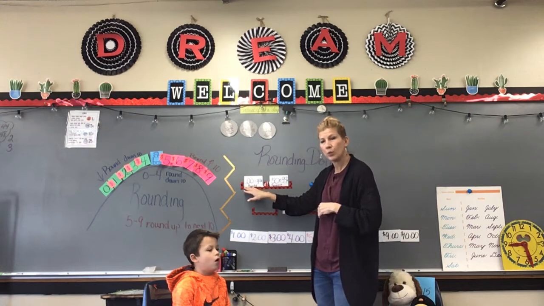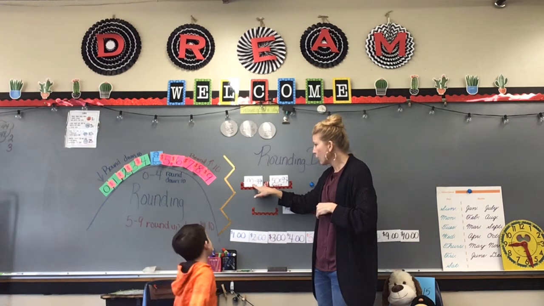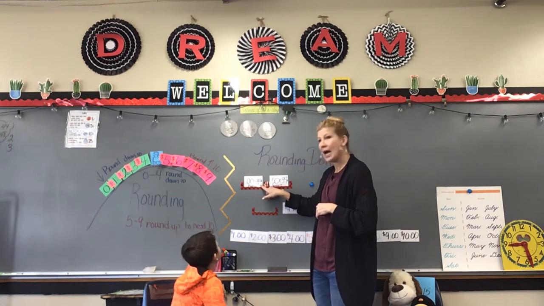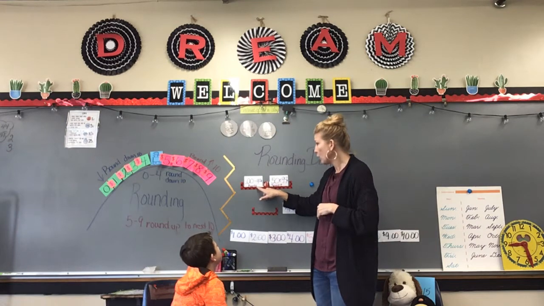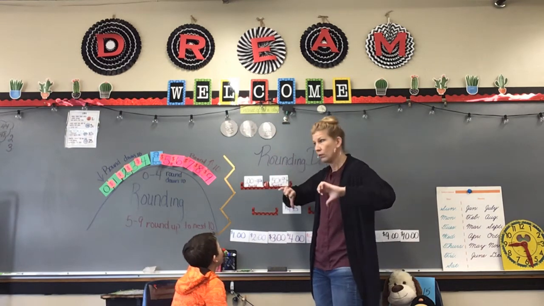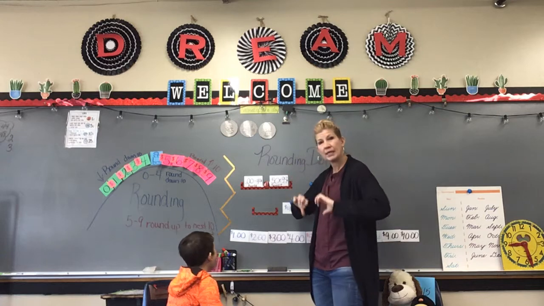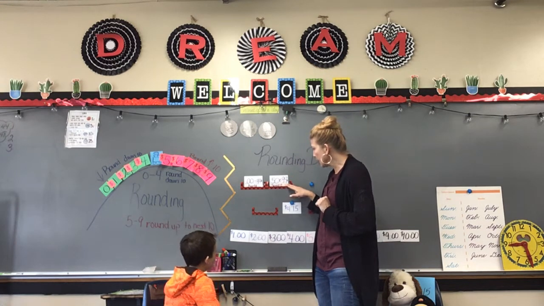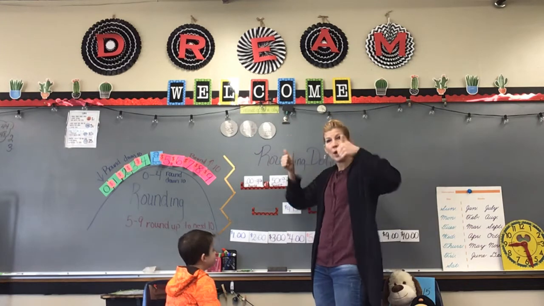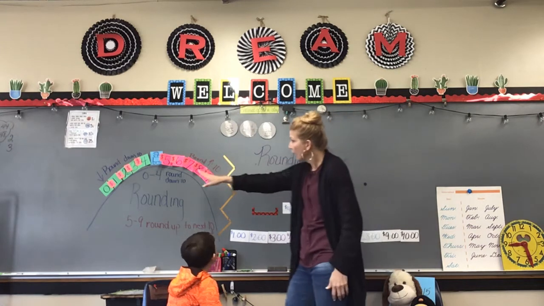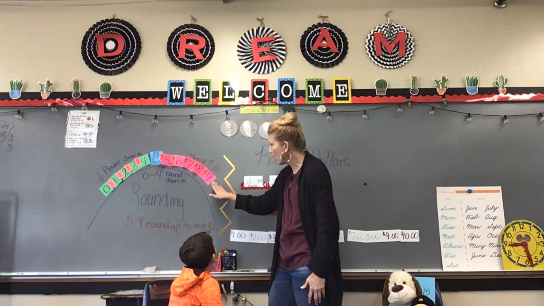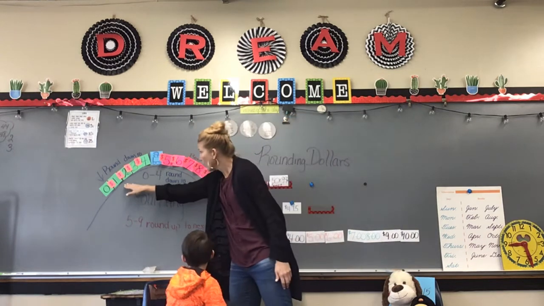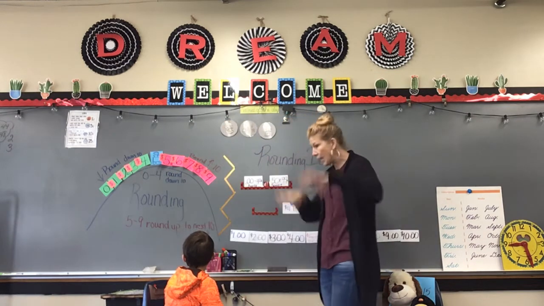Ben's going to read it with us. 0 cents through 49 cents, we round down for our change. 50 cents to 99 cents, we round up. Just like 5 through 9, round up. 0 to 4, round down.